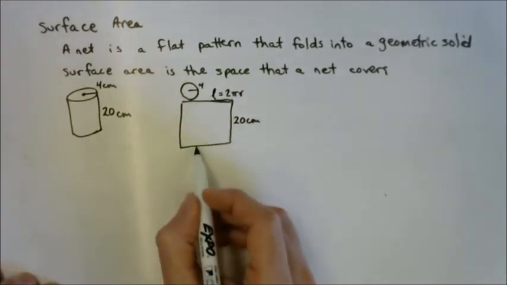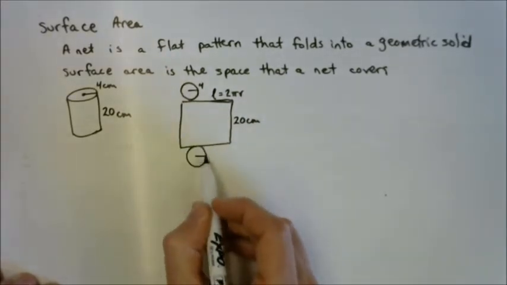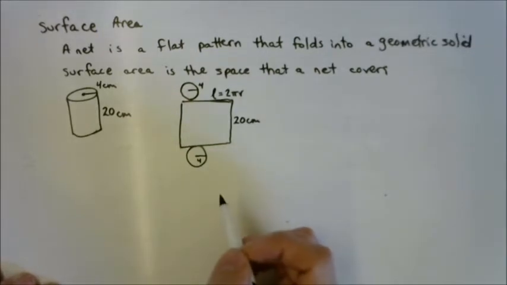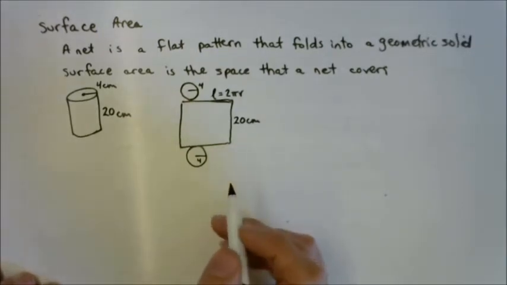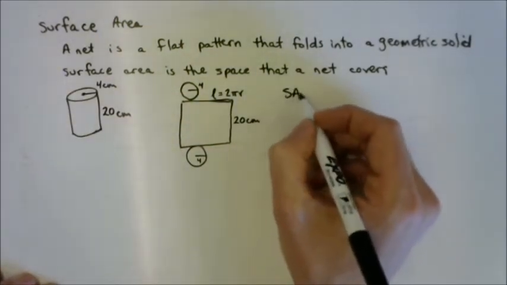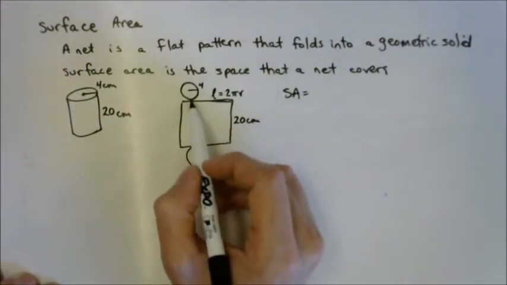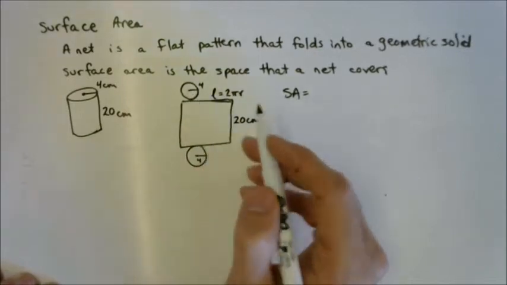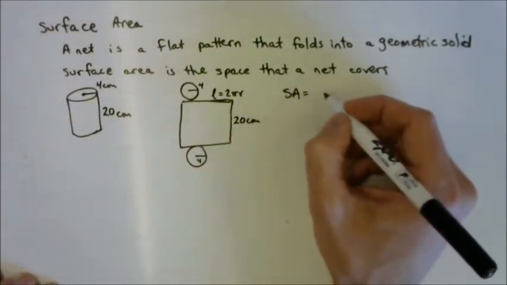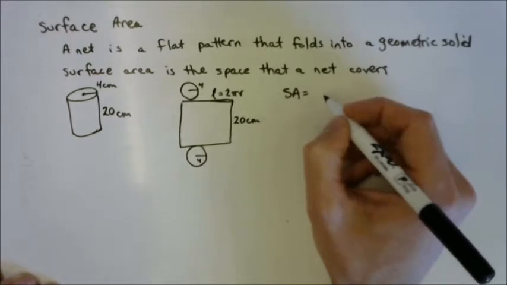And it's got another circular face at the bottom that's identical to the one at the top. Alright? So for the surface area, I have to take the area of each circle, which is pi r squared.